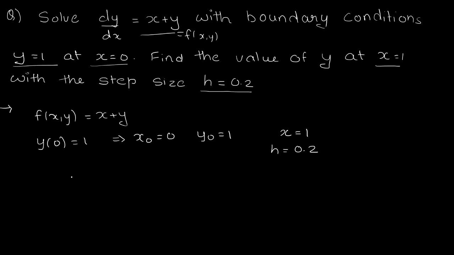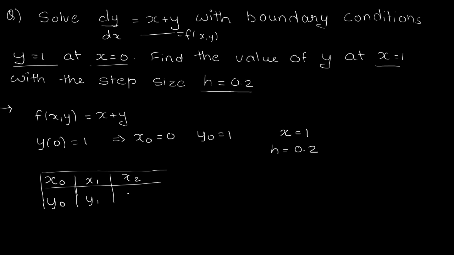Now I have been given x0, y0. These both values are there with me. Then it will be x1, y1, x2, y2, x3, y3, and so on. These are the values which I need to find.